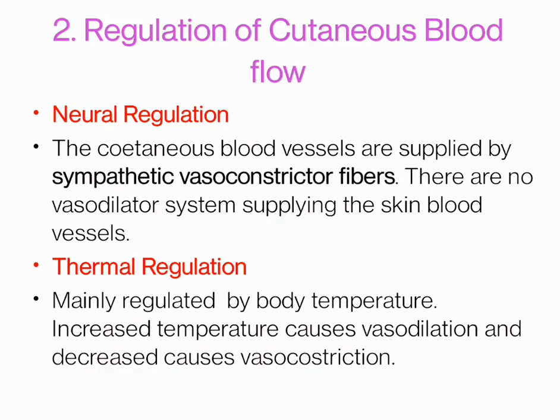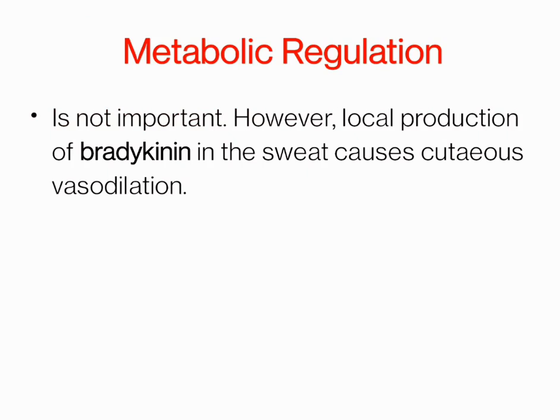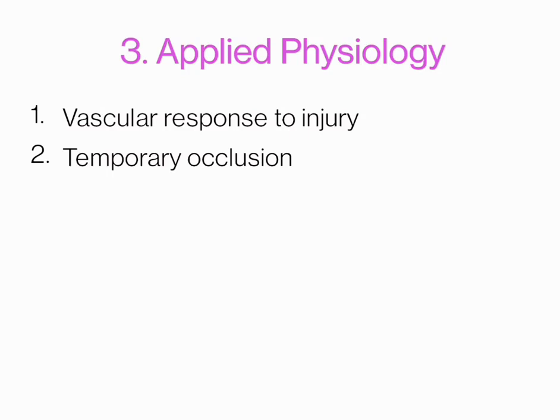Increased body temperature causes vasodilatation and decreased body temperature causes vasoconstriction. Now the metabolic. It's not so important. However, local production of metabolites like bradykinin in the sweat causes cutaneous vasodilatation.